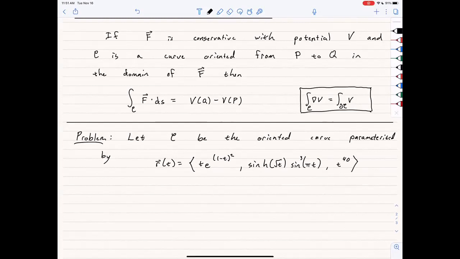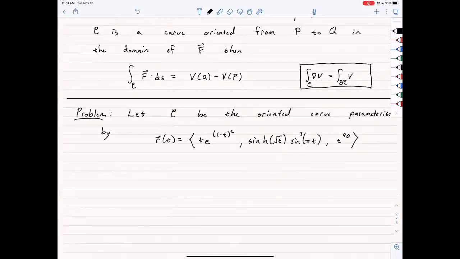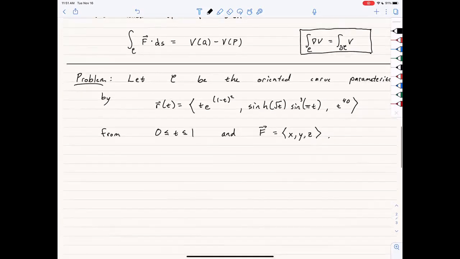Your usual ordinary curve from t equaling 0 to 1. And let's take F to equal (x, y, z). It's our vector field. It's radially pointing outward. Compute the vector line integral.